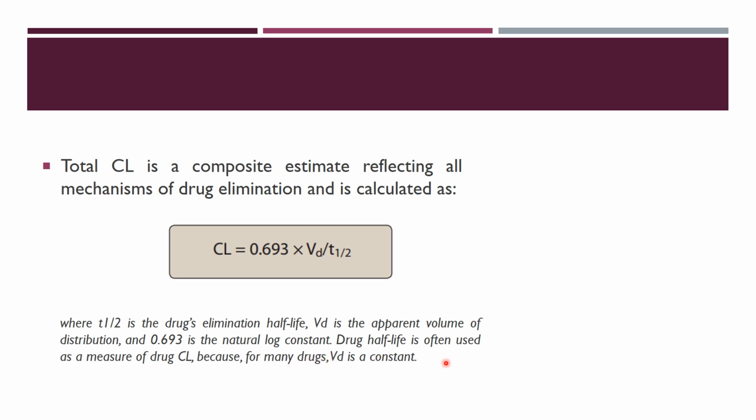Drug half-life is often used as a measure of drug clearance because for many drugs Vd is a constant.